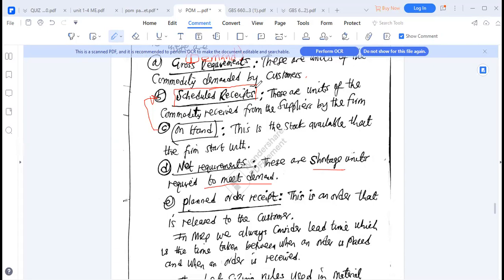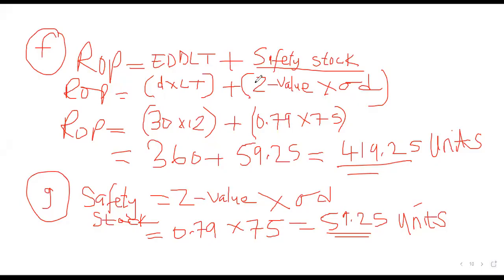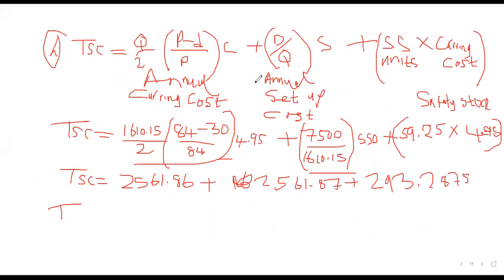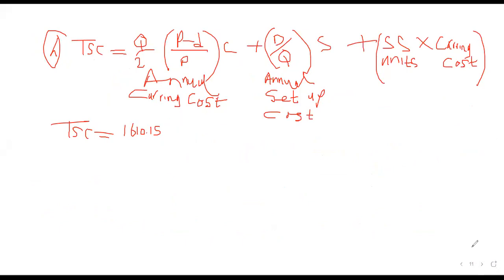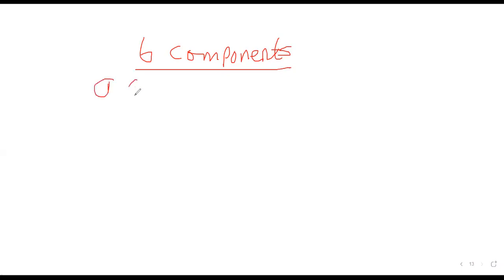So among the 6 components in MRP, the first component is the gross requirements, GR. This is the way the order is supposed to be, which is the same as demand.